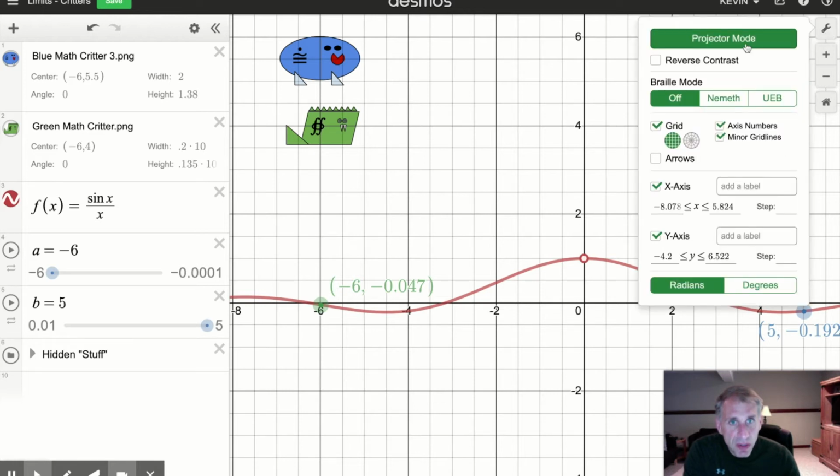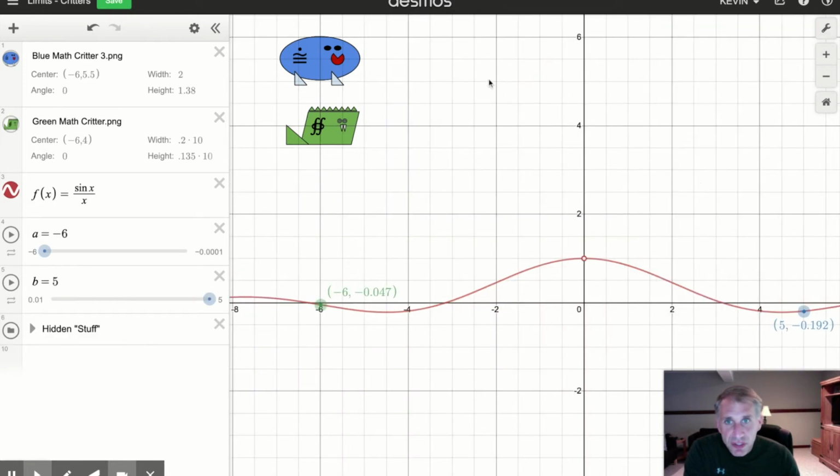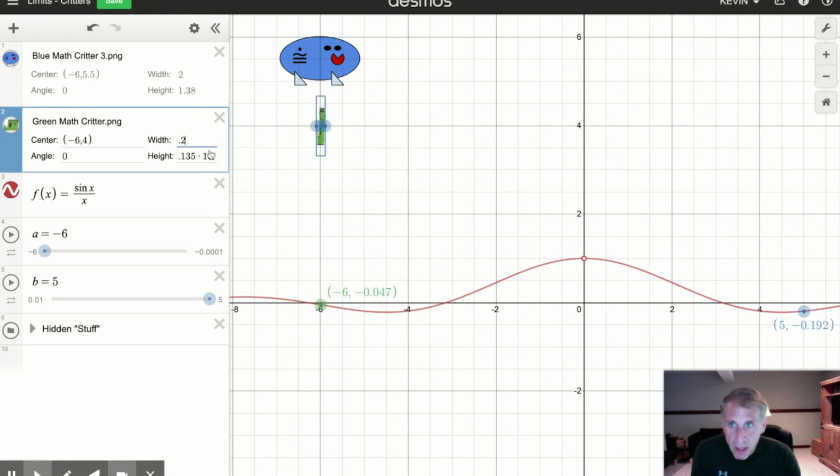So what I'm going to do here is shrink down this math critter here, and I'm going to do that reducing its size here, maybe making it a little bit bigger.